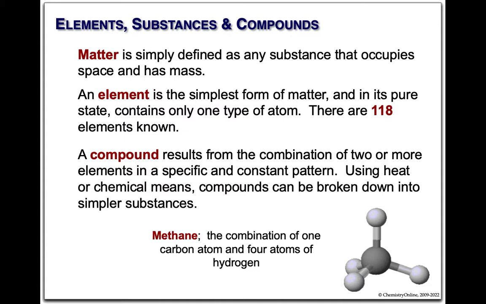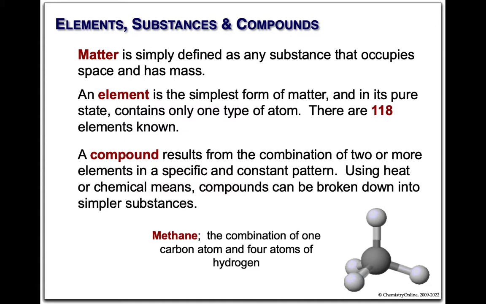For example, this is methane. Methane is natural gas. Every molecule of methane looks just like this. It has one carbon in the middle. It has 4 hydrogens around it. They're all bonded together.